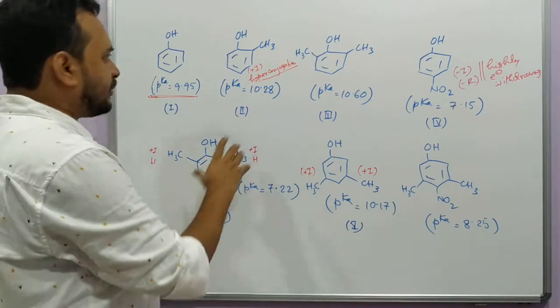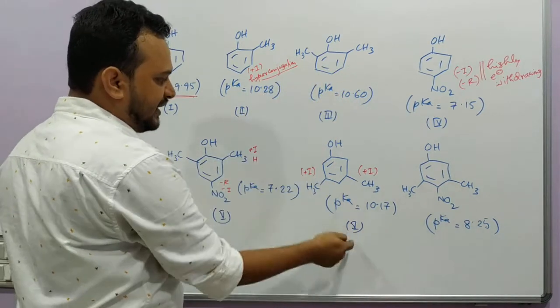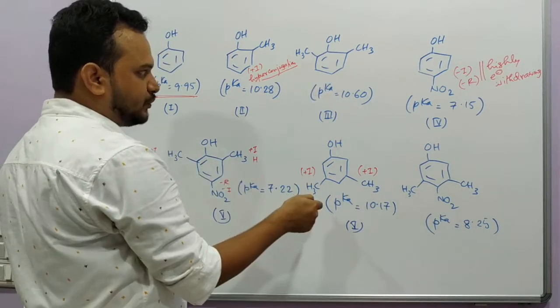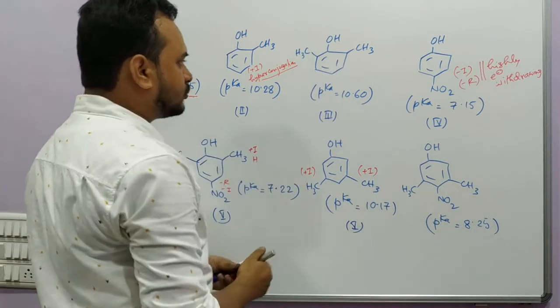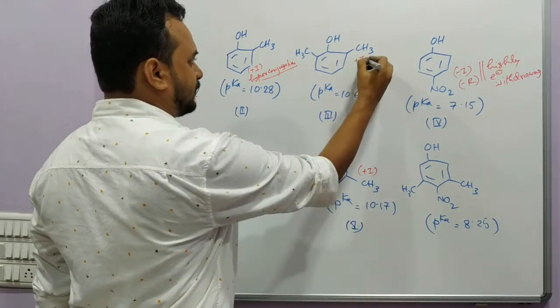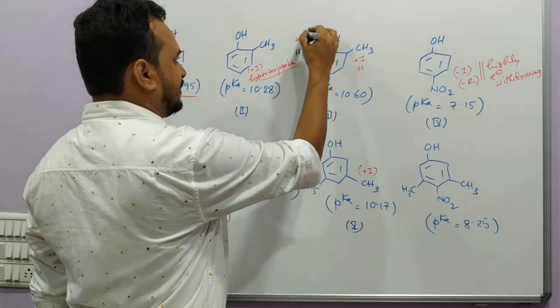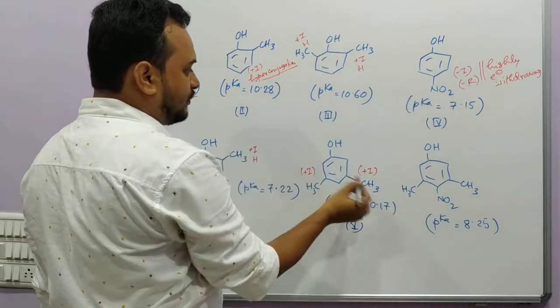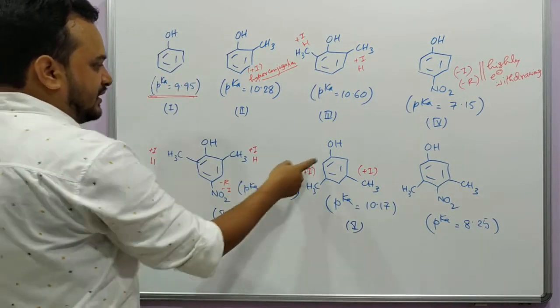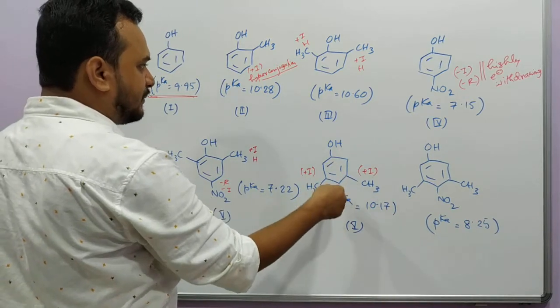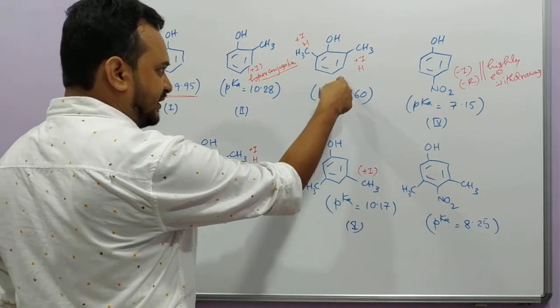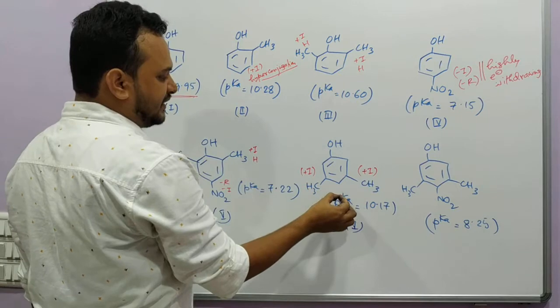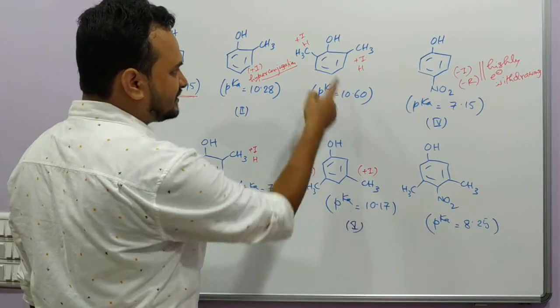So when we compare these two isomeric compounds 3 and 5, both are isomers of each other, but since in compound 3 they are at ortho position, they will exert both plus I effect and hyperconjugation, but here only plus I effect. That's why here the electron donating effect is a little bit less than compound 3, so it is a little bit more acidic, that is the pKa value is a little bit less than this compound.